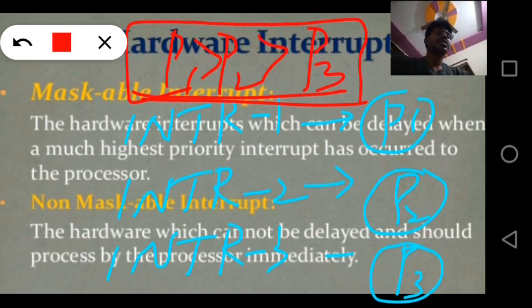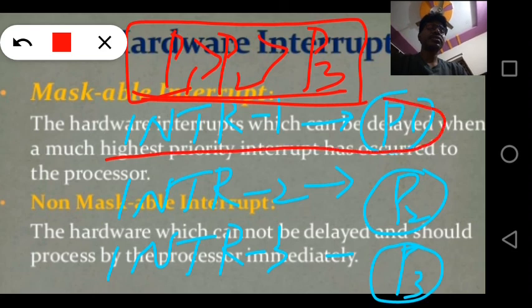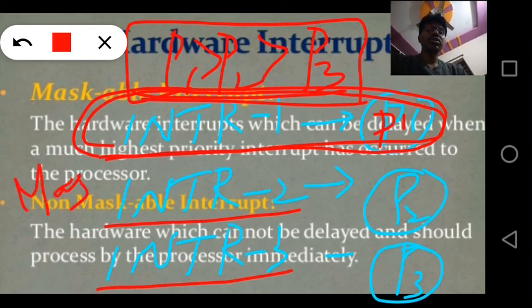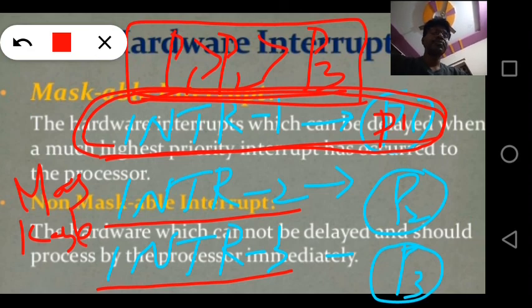If this is the case, then accept interrupt request 1, that is priority 1. Interrupt request 2 and interrupt request 3 are called maskable interrupts. Why? When interrupt request 1 is being processed, interrupt request 2 cannot be generated.